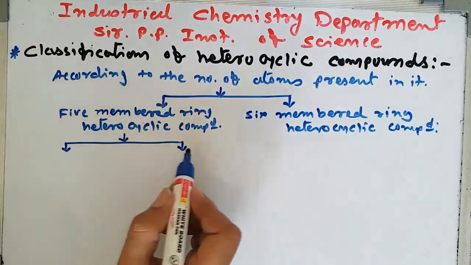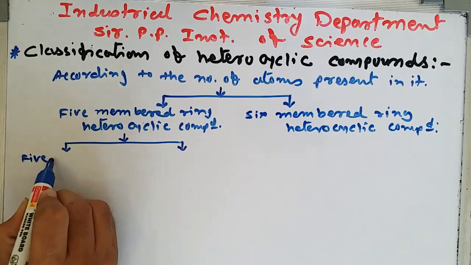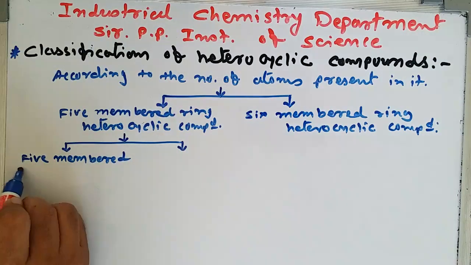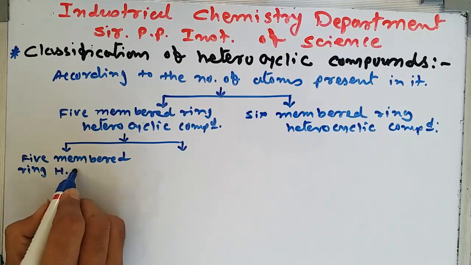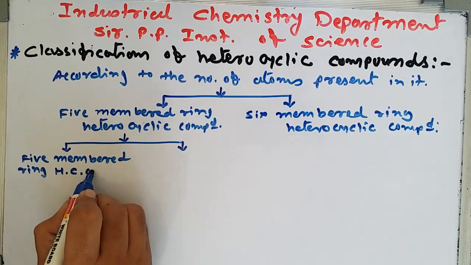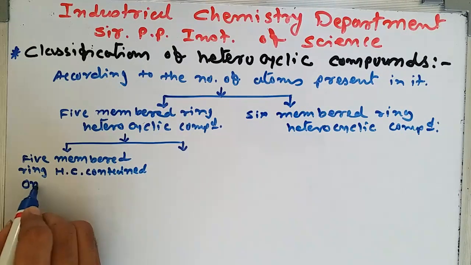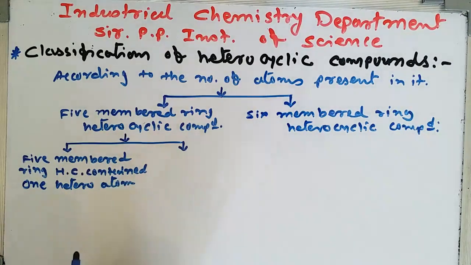For 5-member ring heterocyclic compounds, I write the short name heterocyclic compound as HC. First, 5-member ring heterocyclic compounds contain one heteroatom.